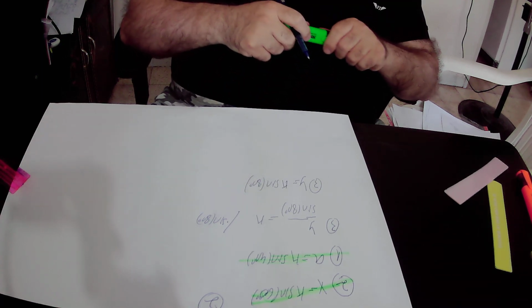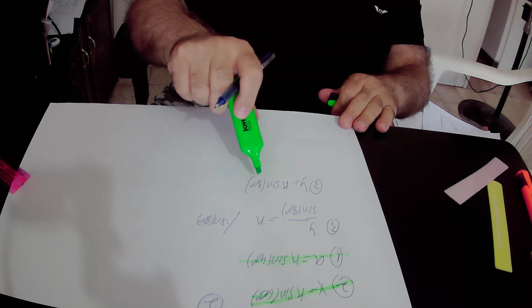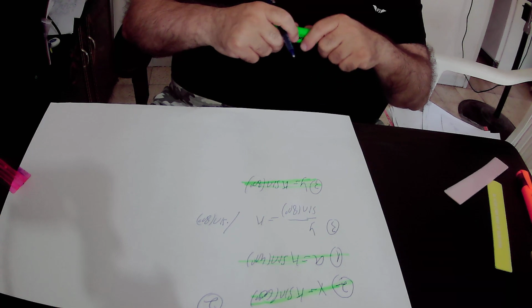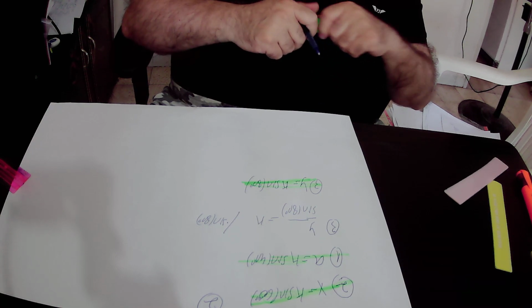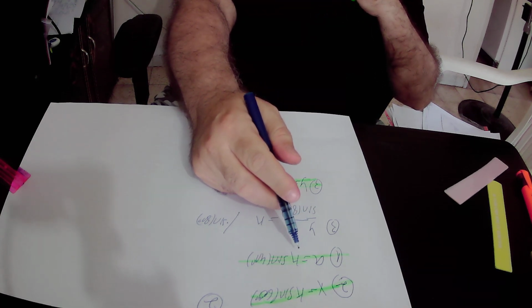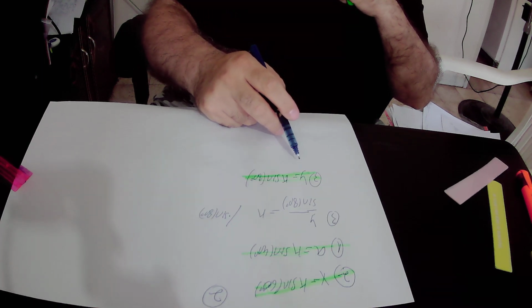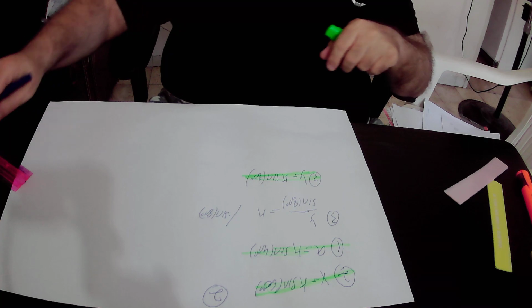So actually we have 3 equations. We have the value of x in equation number 2, we have the value of a in equation number 1, and we have the value of y in equation number 3.